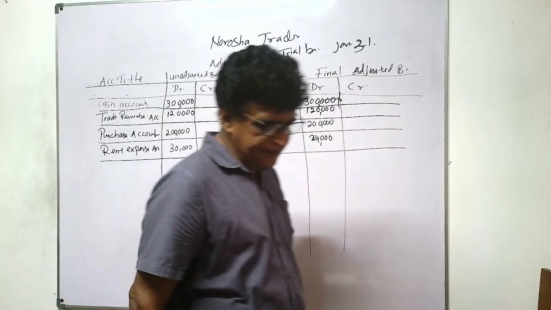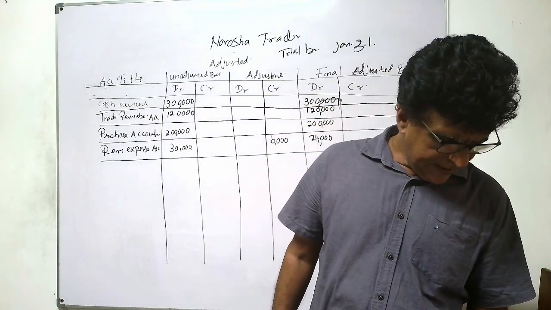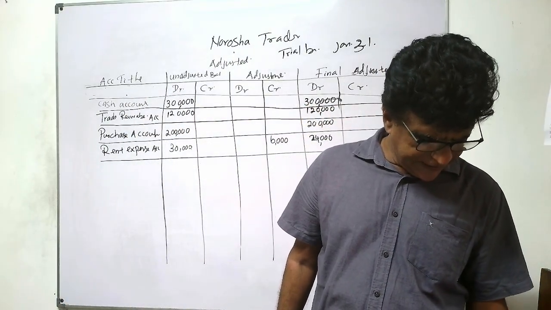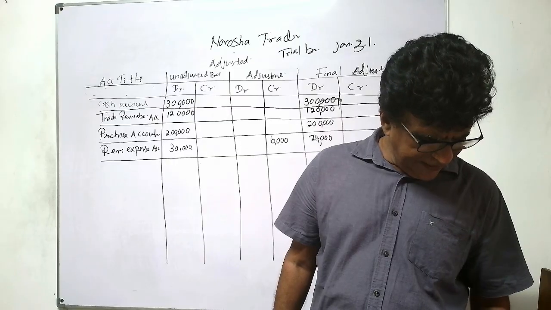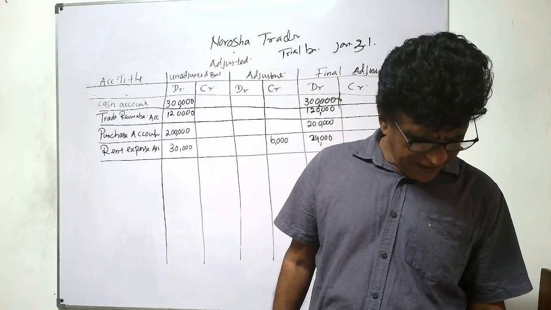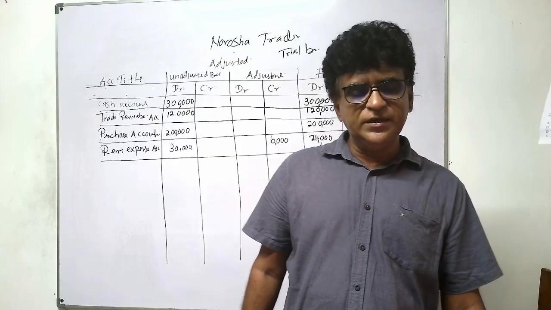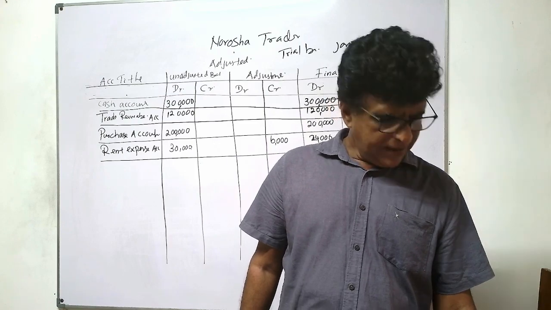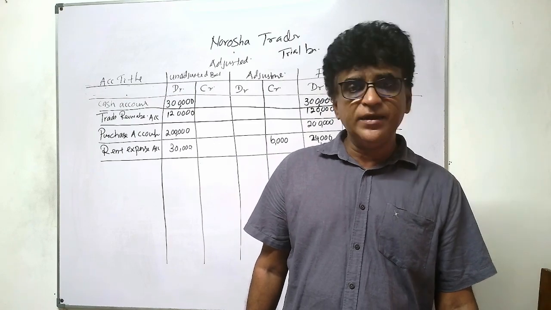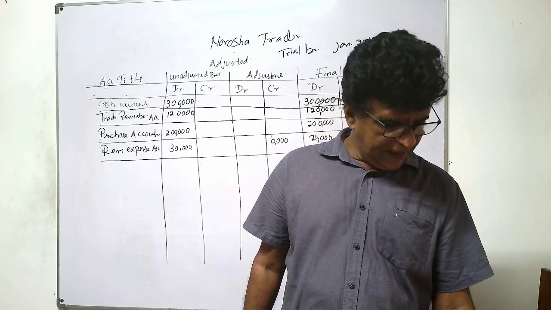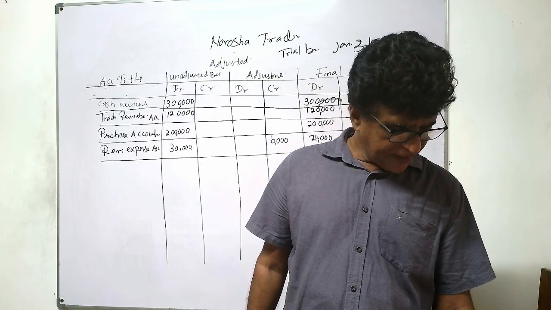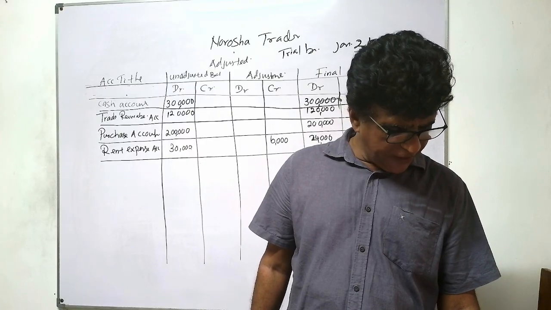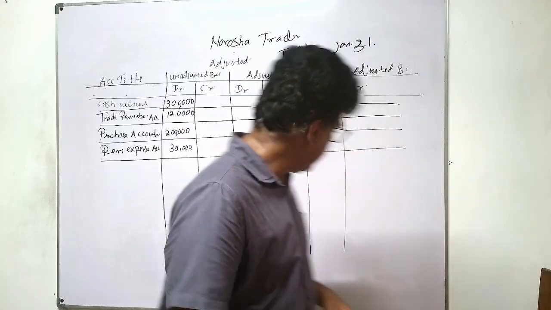Rent expense, right? Electricity expense. In the original unadjusted TB, there was no electricity expense account. This is a new account. We have to add that electricity expense account.